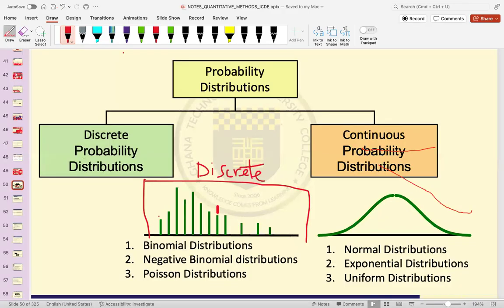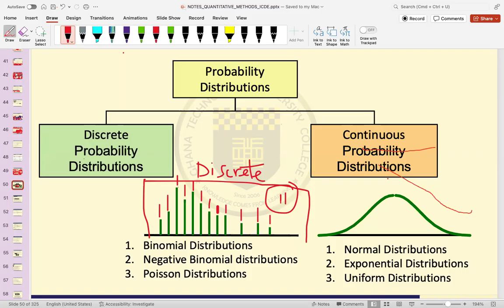This is one, two, three, four, five, six, seven, eight, nine, 10, 11. So I've counted 11 strokes or pillars.